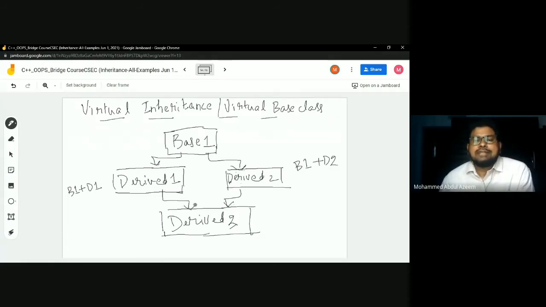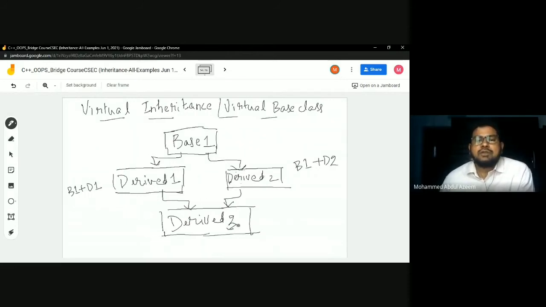So in the next level at Derive 3 we are inheriting Derive 1 and we are inheriting Derive 2. We are inheriting both. Then what happens? The properties of Derive 1 all will be inherited and made available here at Derive 3, and at the same time all the properties of Derive 2 as well will be inherited and made available here at Derive 3.